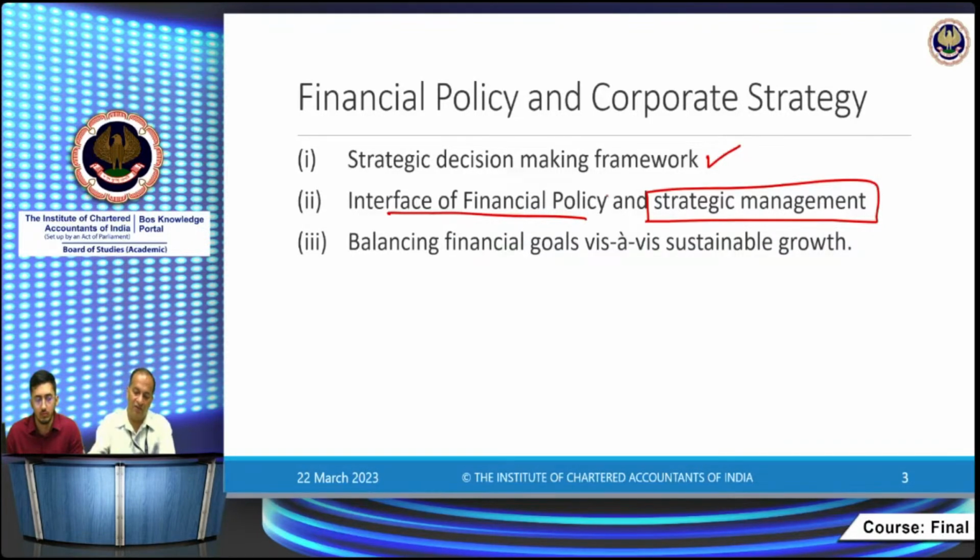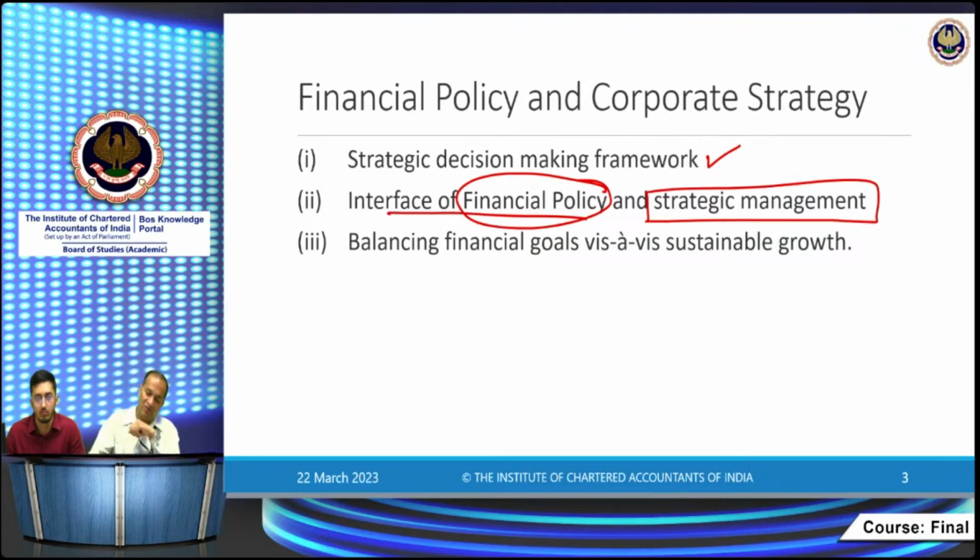Please note that we have to discuss the financial aspect only. Of course, when we talk about merger and acquisition, various decisions are involved, like legal decisions and the taxation point of view. But our objective in this paper is to concentrate on the financial aspect only.